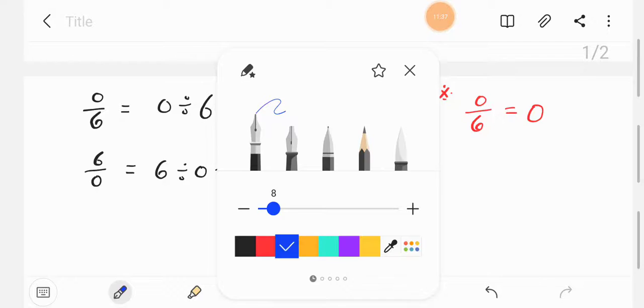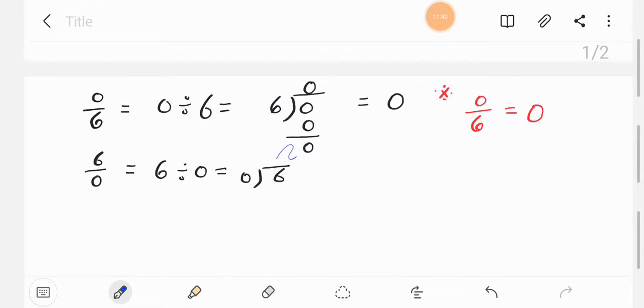So what can be the quotient? 0 times what is 6? 0 times 1, 0 times 2, 0 times 3 is 0, 0 times 4 is 0. Whatever the number is, if it is multiplied by 0, it's always 0, right? So we cannot find the quotient. In that case we cannot find the answer, so it is undefined.